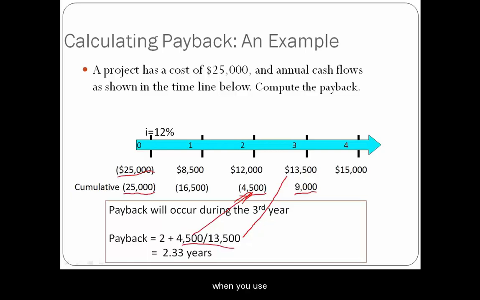So when you divide 4,500 by 13,500, you are getting the portion of year 3 that you need to make 4,500, so that number added to year 1 and year 2's cash flows altogether, you make enough of 25,000. So the payback of the first example is 2 years plus 0.33, or say about 4 months of the third year.